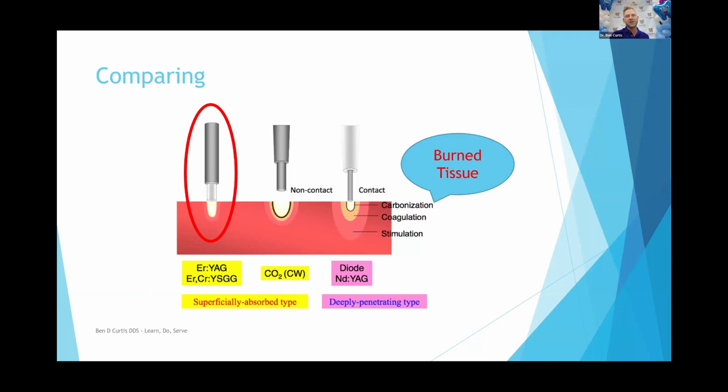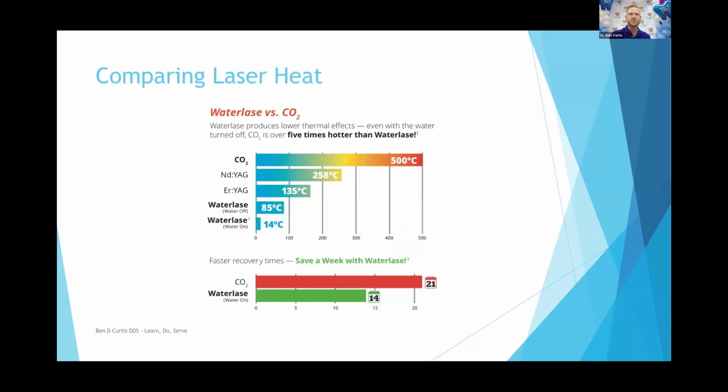Our laser is also not a cauterizing or burning laser. A CO2 generates a lot of heat, and if you don't move it quickly, it's definitely going to burn the tissue. The diode is definitely going to burn and char the tissue, but the erbium YSGG does not. I love this slide because it compares our laser, the water laser, and the amount of heat.